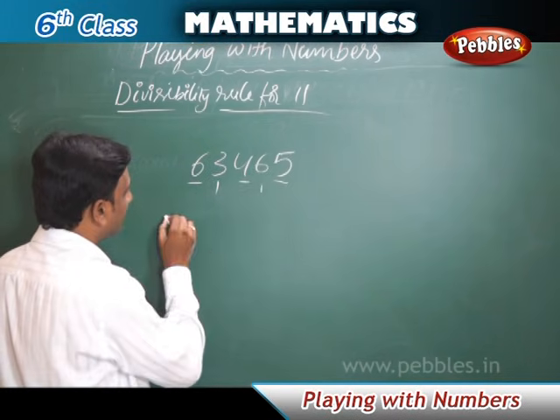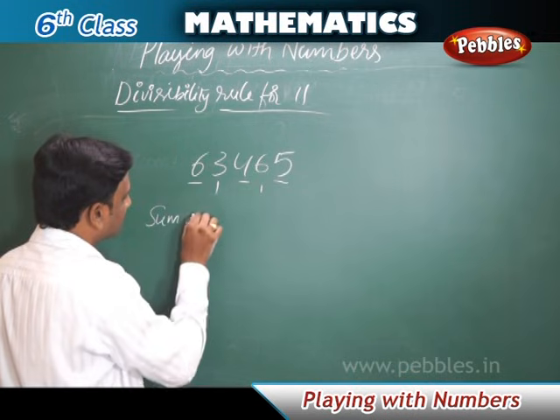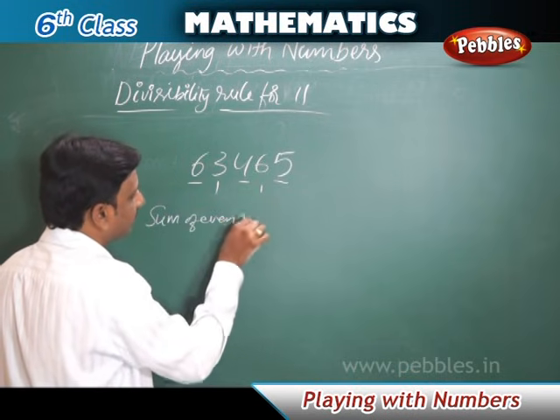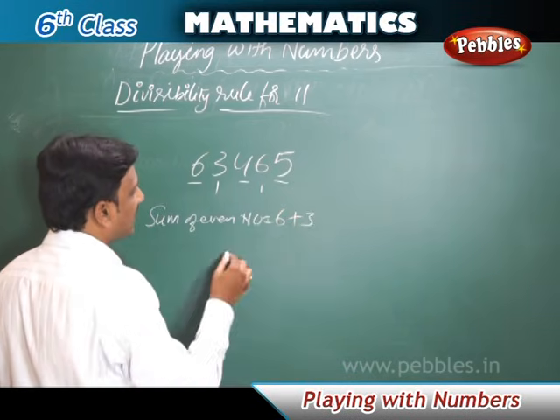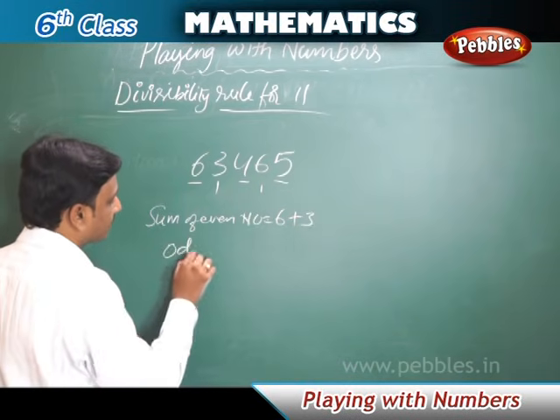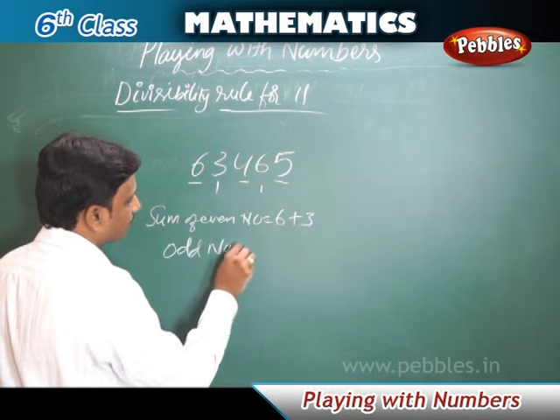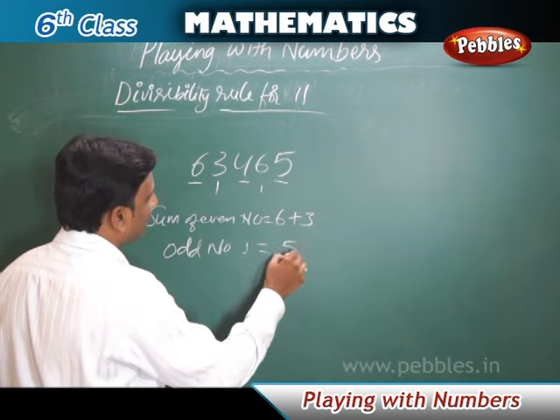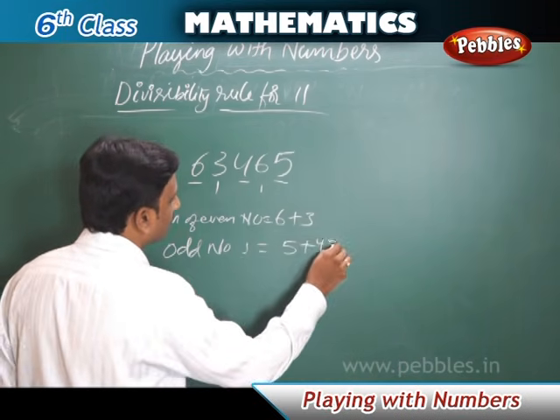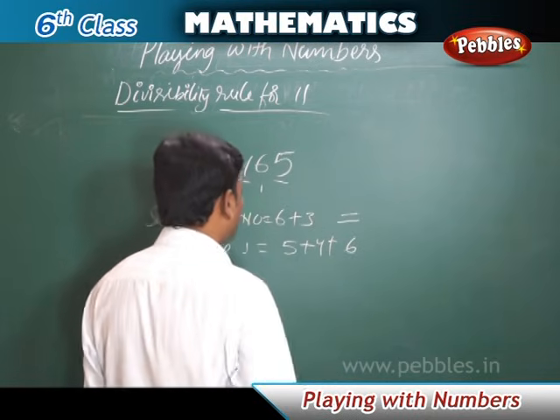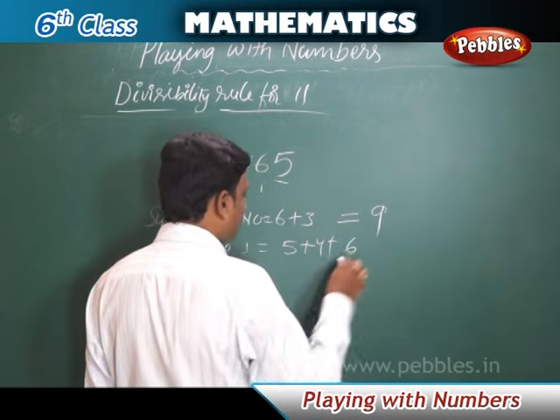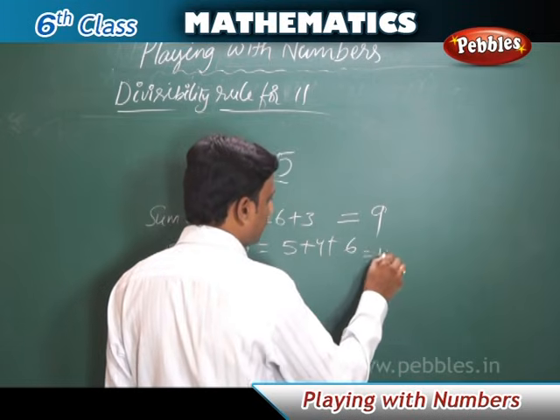See, the sum of even place numbers, 6 plus 3, and the sum of odd place numbers, 5 plus 4 plus 6. 6 plus 3 is 9. 5, 4, 9, plus 6, 15.